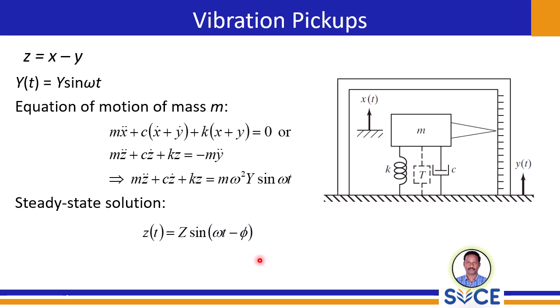Therefore, we can assume the steady state solution itself, that is z of t equal to Z sin omega t minus phi, where capital Z is the amplitude of relative displacement and phi is the phase lag between relative displacement and base excitation. Let me solve for Z in the next step.